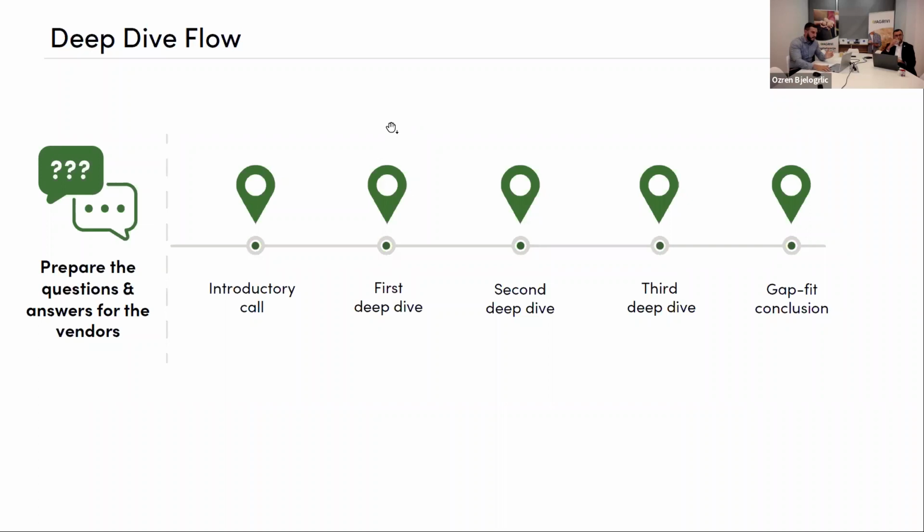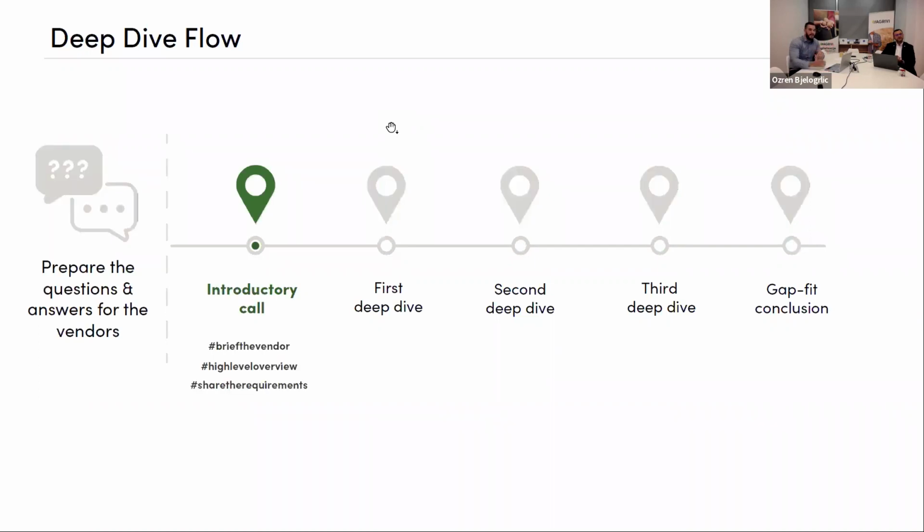Now, that will be, I'll call it a preset, right, of our deep dive flow. The first call is the introductory call, and you should be aware of the time limits that you want to invest with your team. This is usually done within 30 to 60 minutes, with the top 2 vendors that you decide to invite for this process. First you want to brief the vendor about your operations, give them the high-level overview.